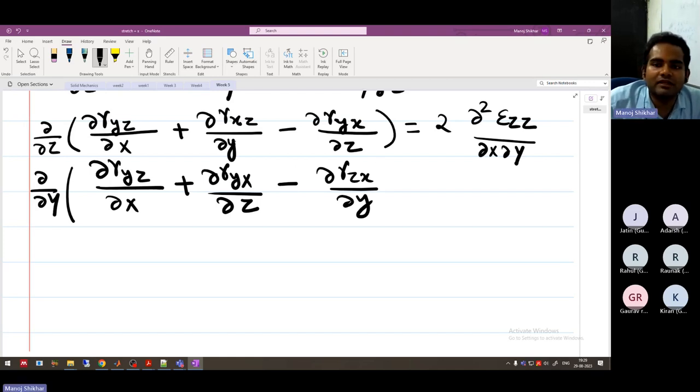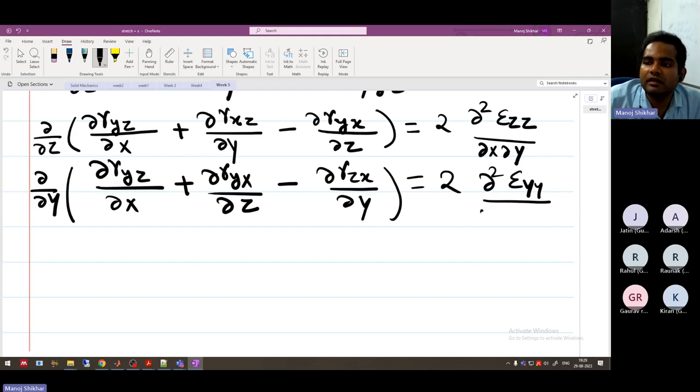It should be capital Y actually. And which strain will be here? It will be epsilon y, and in the bottom it will be del x del z.